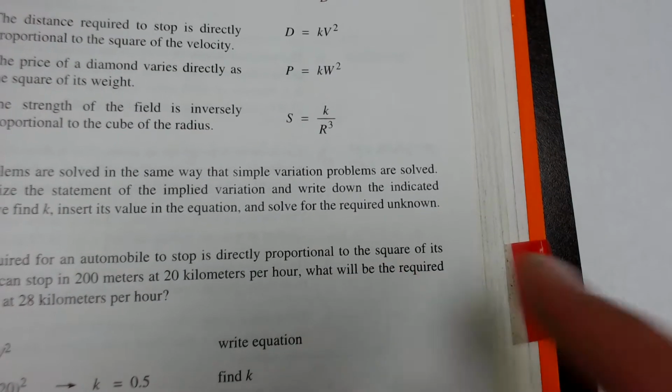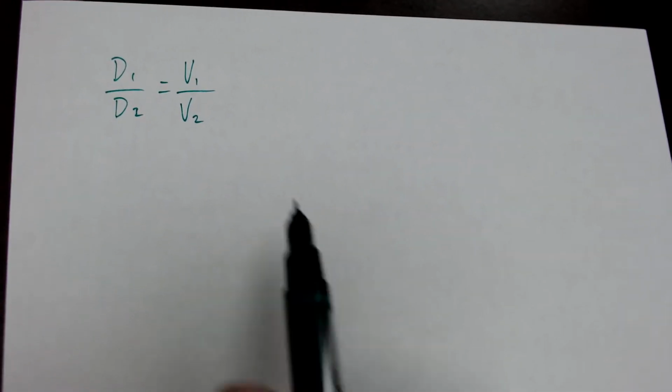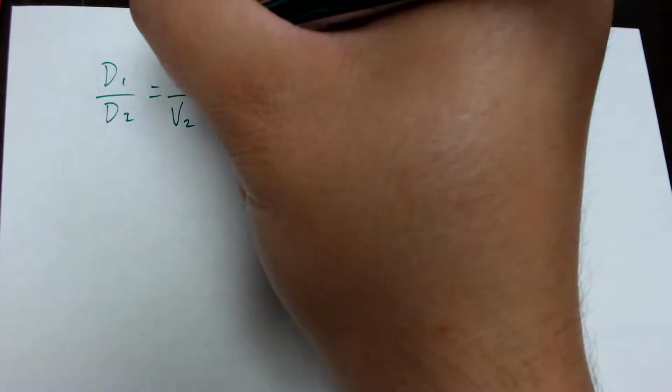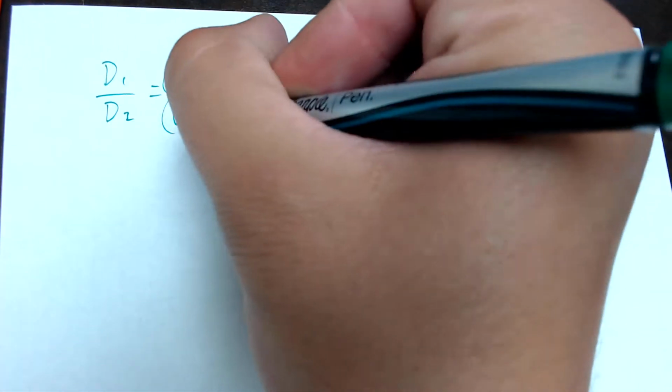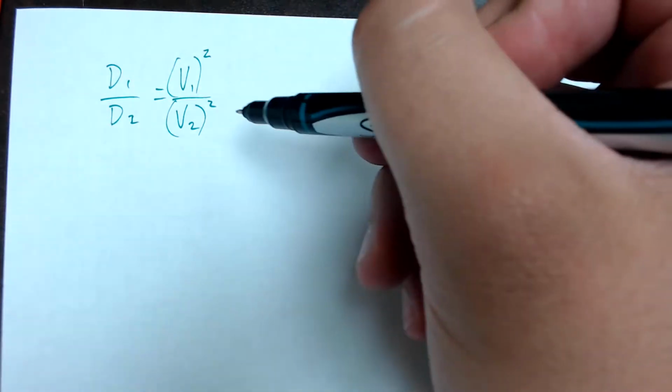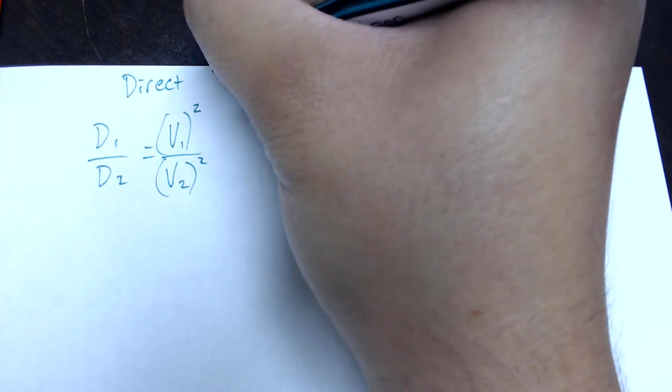Now, when they say it's directly proportional to the square of its velocity, what that means is it takes this proportion, and instead of it being normal like this, the velocity gets put to the second power. So this becomes the actual proportion. And again, this is direct variation, so this is direct squared.